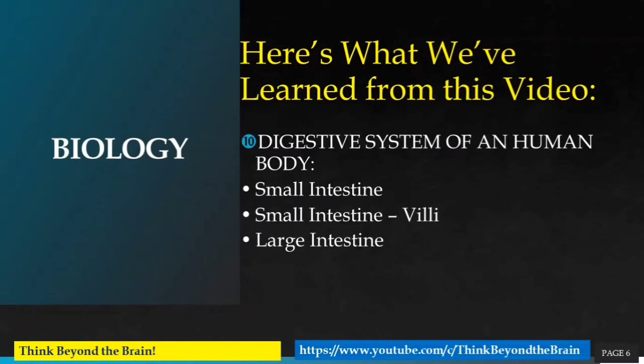The large intestine takes all the secreted water from the leftover food and then throws it out of the body. So this is all we have learned, and at this point our whole digestive system has been completed.